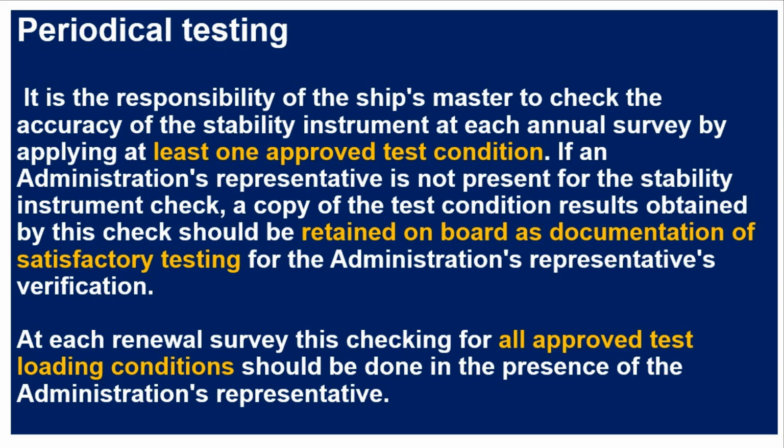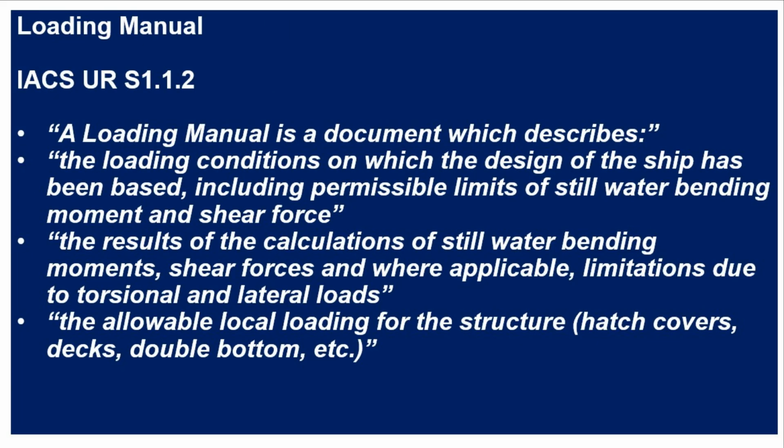If an administration's representative is not present for the stability instrument check, a copy of the test condition results obtained by this check should be retained on board as documentation of satisfactory testing for the administration's representative's verification. At each renewal survey, this checking for all approved test loading conditions should be done in the presence of the administration's representative.